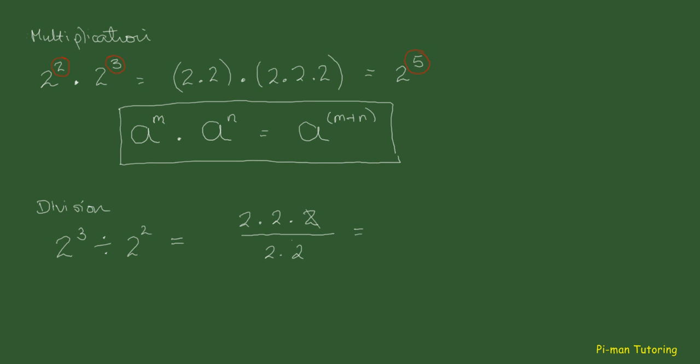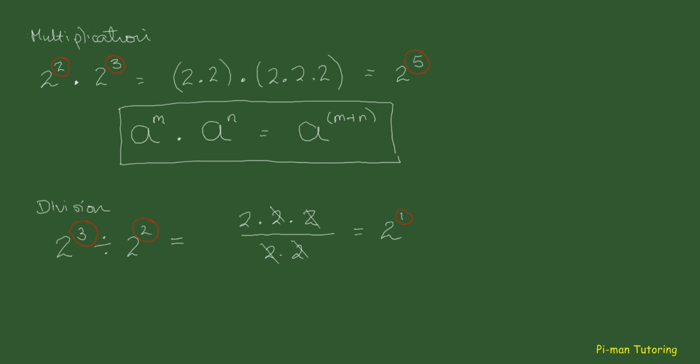We can cancel all of these 2s with each other, and we're just left with a single 2, or 2 to the power of 1. And now notice that if I take the exponent in the numerator and I subtract the exponent in the denominator, I get the exponent in the answer.